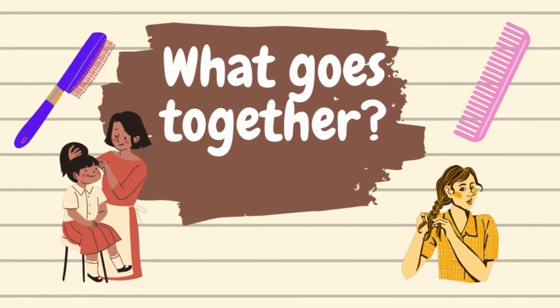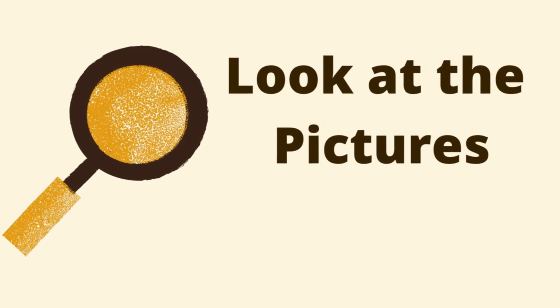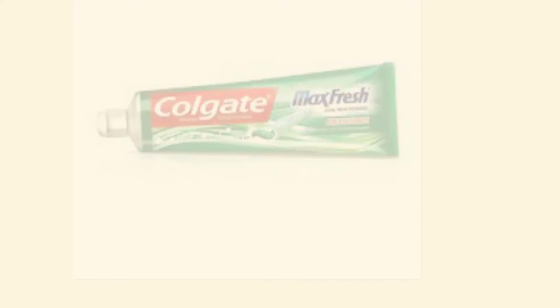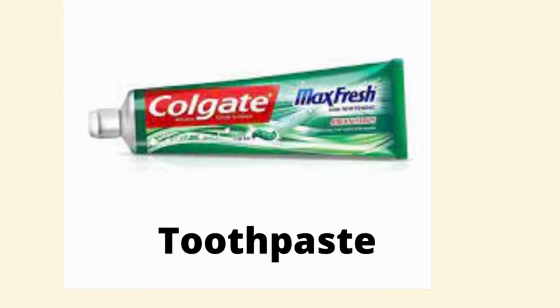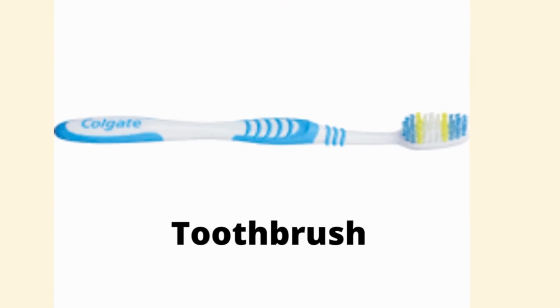Yes, so take a look at some of these pictures and see if you can guess what comes next or what goes together. Let's figure out what goes together. And look carefully at the pictures. Toothpaste. We have a toothbrush.